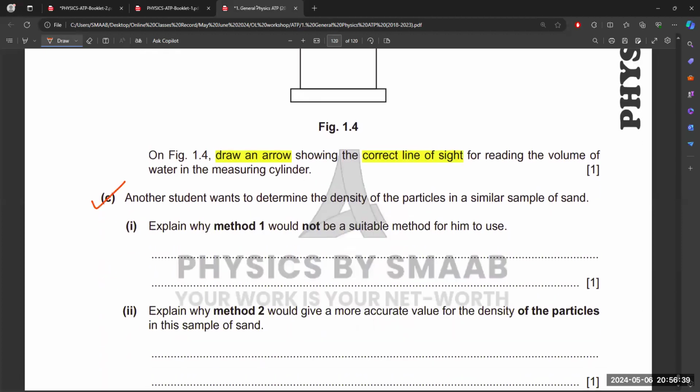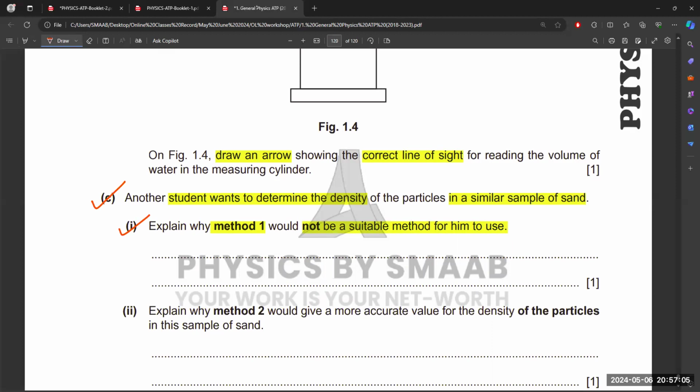Another student wants to determine the density of the particles in a similar sample of sand. Explain why method 1 would not be a suitable method for him to use. So these types of questions are related to a little bit of brainstorming.